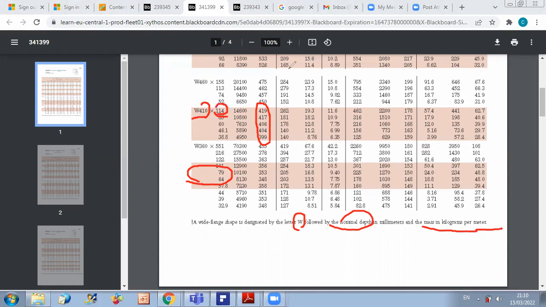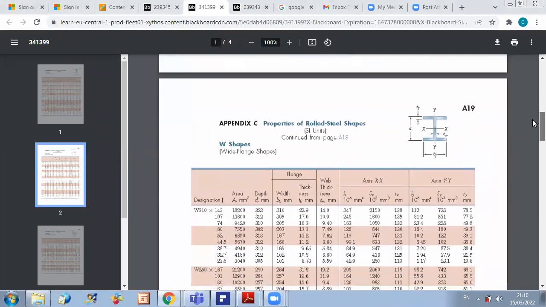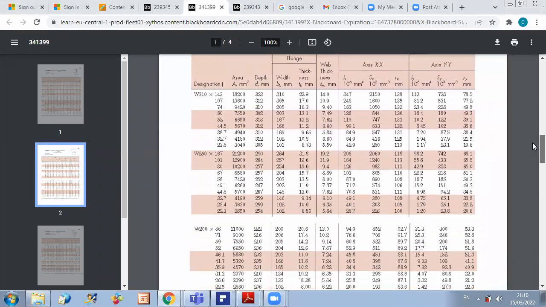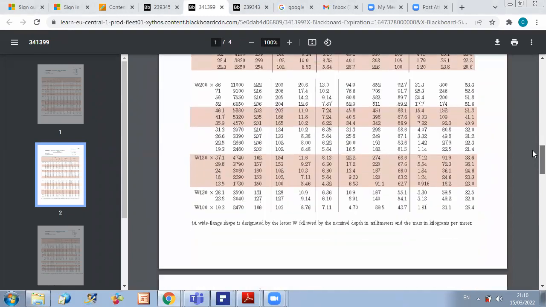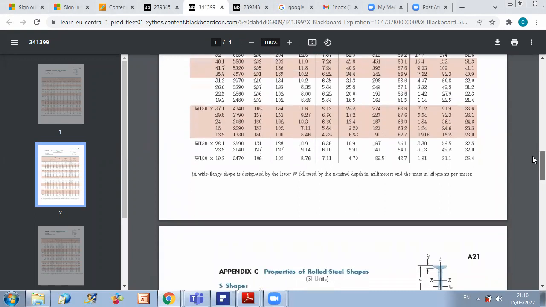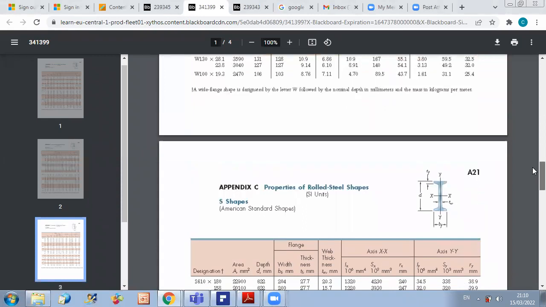Okay, now we have several possible shapes of beams. For example, here we are still with the W shape. All of these numbers are standard available numbers for beams of this shape. Another possibility is the S-shape beam.